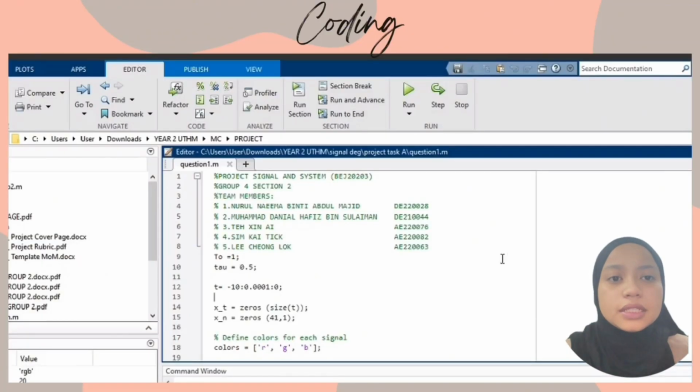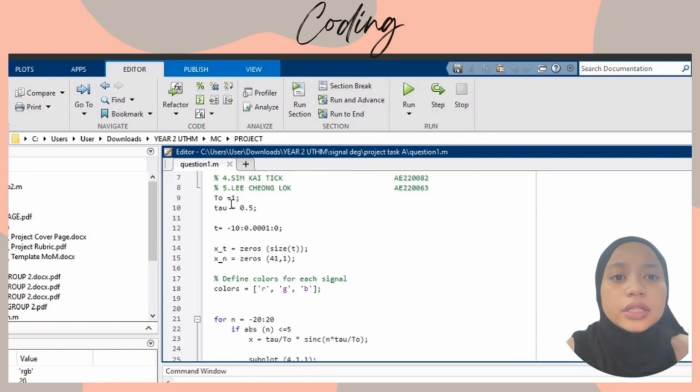So this is our coding for our project. We start the coding with our group name, Group 4, and then our group members: firstly my name, Nur Naima, then Muhammad Danial Hafiz, Zi Sim Kaiti, and Lee Cheong Lok.